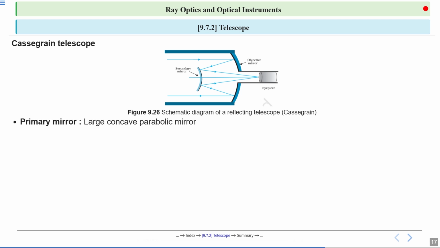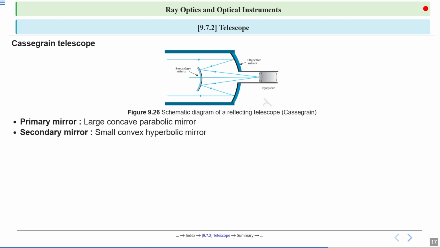The secondary mirror in a Cassegrain telescope is a small convex hyperbolic mirror. This mirror plays a key role in redirecting the light back through the primary mirror. The shape of the secondary mirror is specifically chosen to help focus the light more effectively, contributing to the telescope's compact design. One of the main advantages of the Cassegrain telescope is its long effective focal length despite its compact size.